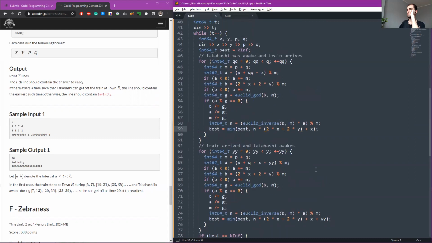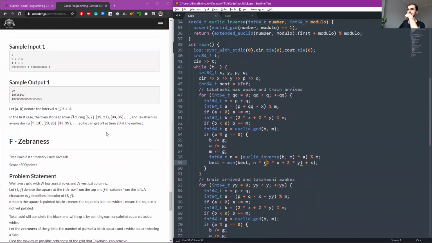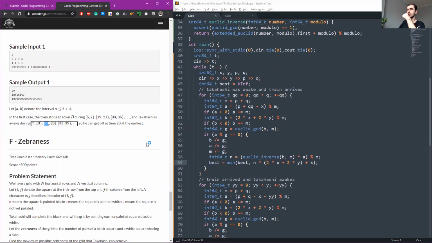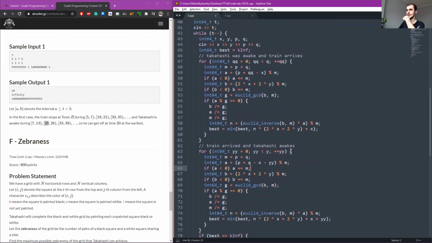An explanation. So this is this case, right? This case is not handled correctly. And then just make it like this.